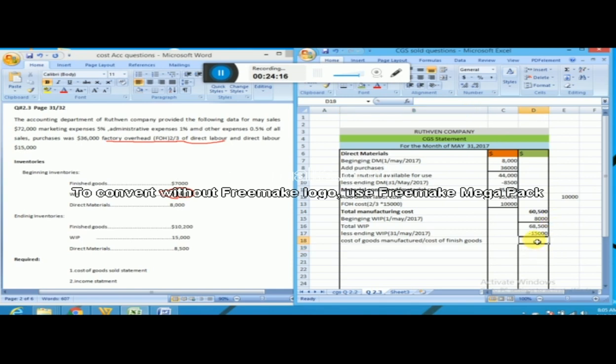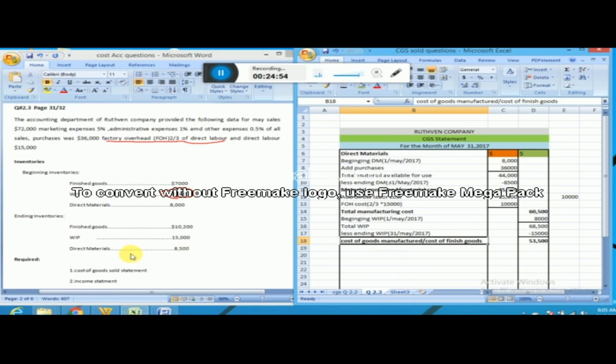From 68,000, we will subtract the ending work in process. Clear? And when we enter it, it means that we produced 53,500 finished goods during the month of May.